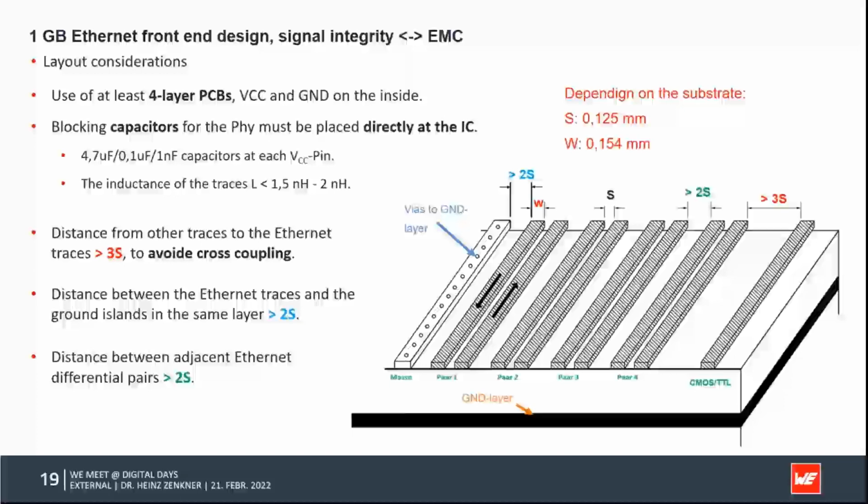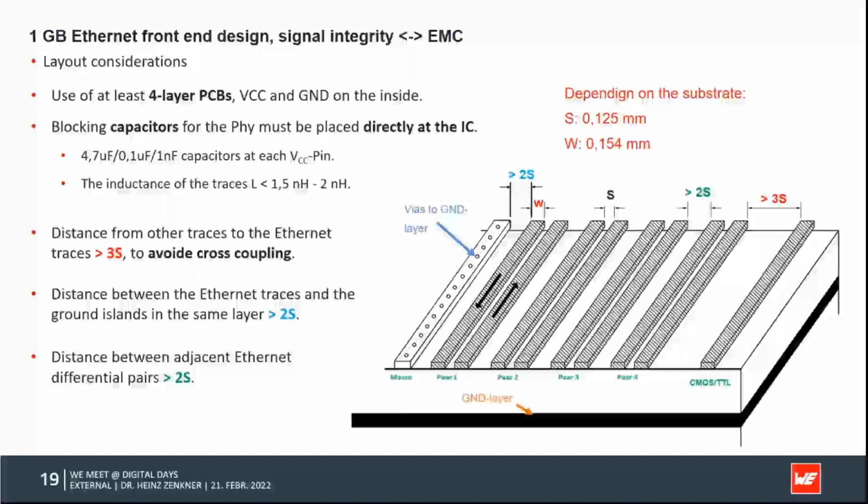Then the distance between ground and the pairs should be more than 2S here. And the distance between the pairs themselves should be 2S. And the distance within the pair, between one and the other signal of the symmetric pair, should be 1S.